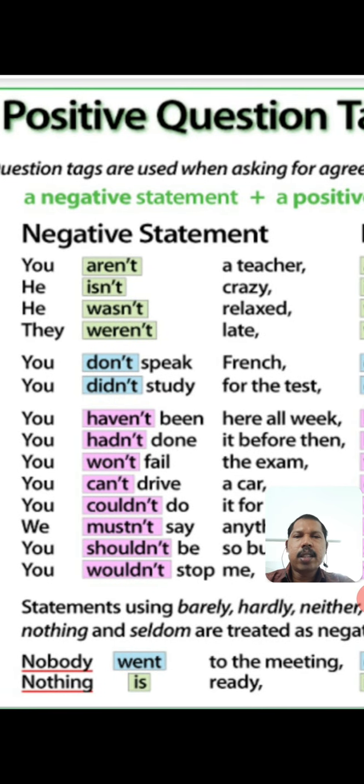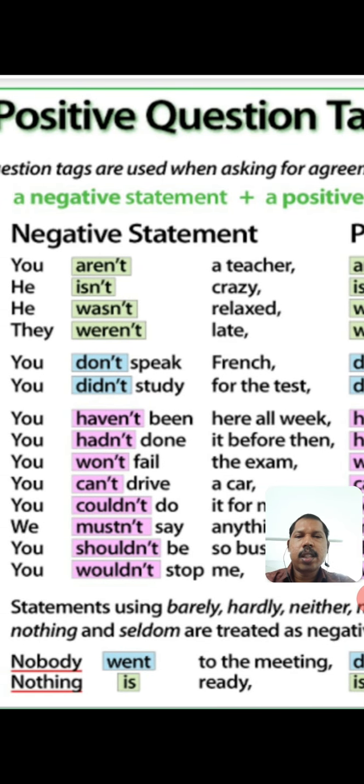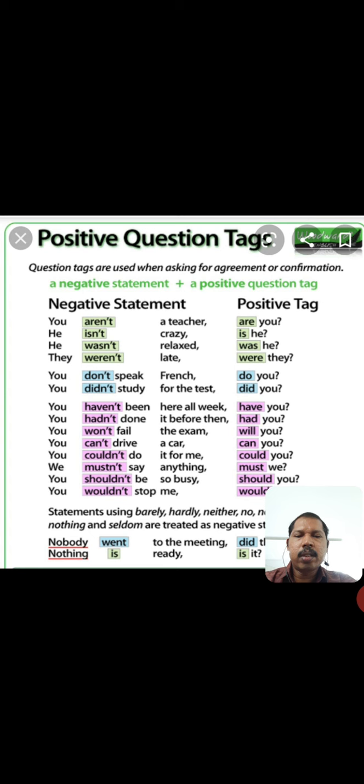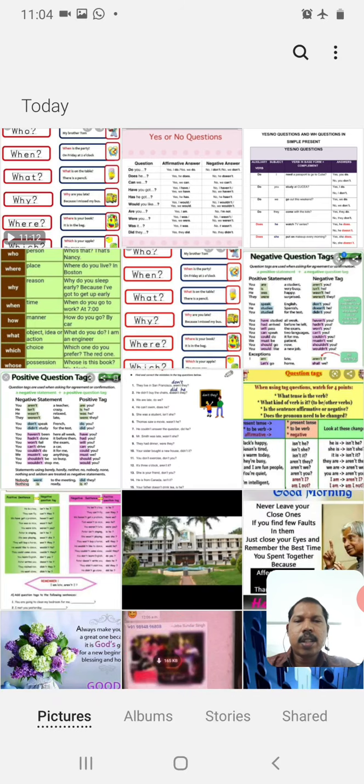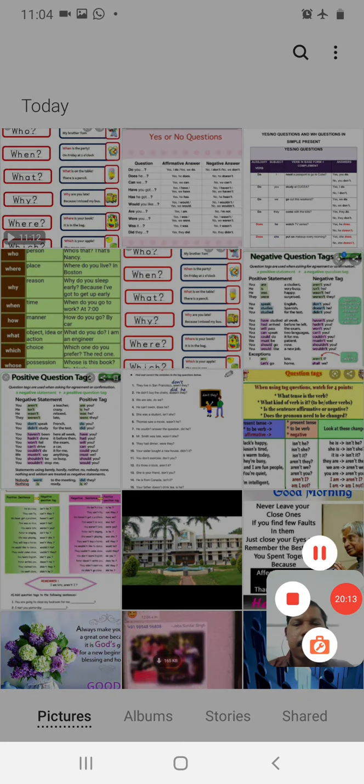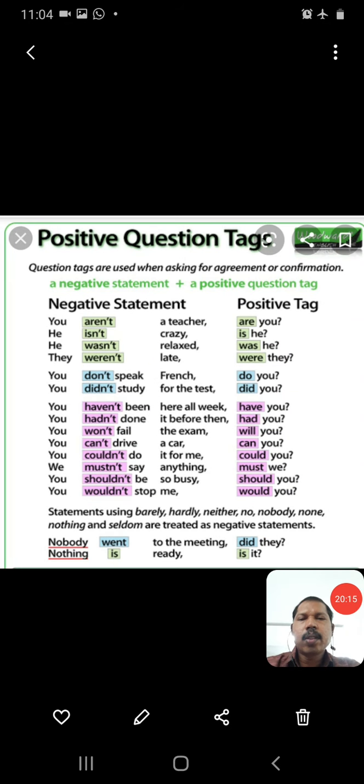Next are some more examples for positive tag questions that you can pause and read for your practice. So just watch those examples, how the negative statement and the positive tag are used here.